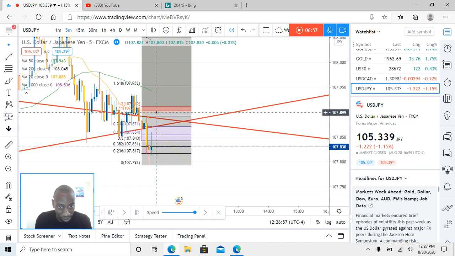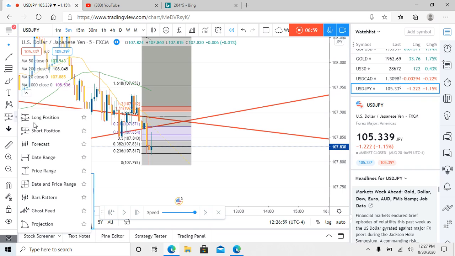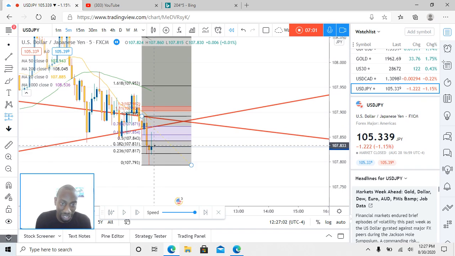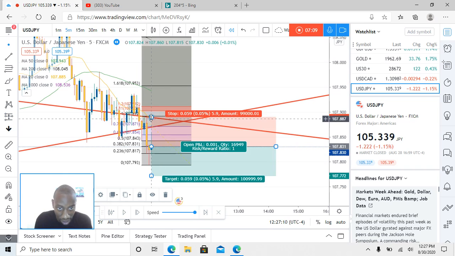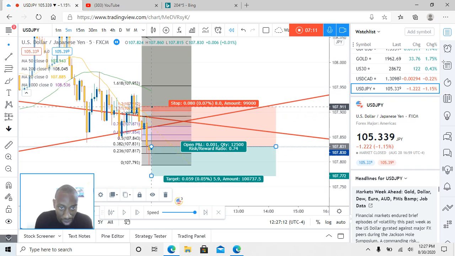So let's see, it always depends. I don't like taking trades where the SL is over 20 pips. So let's see if I can get a nice... put my SL right here at the top, crossing this other.